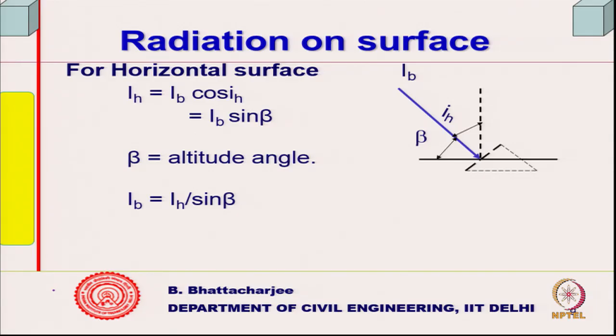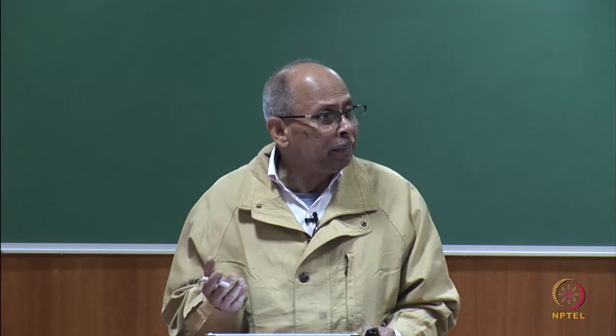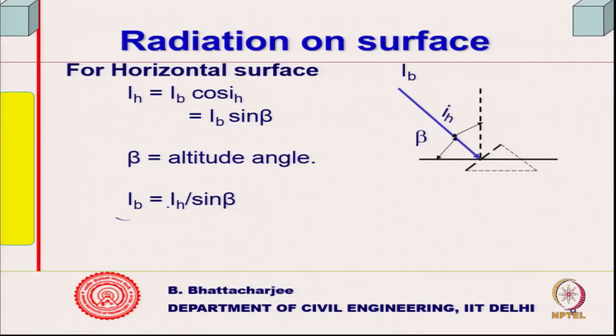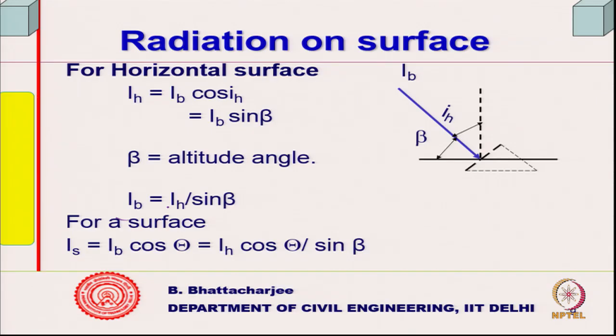So, measuring horizontal radiation on a horizontal surface is easy, and beam radiation can be calculated. For any surface, this is what it is: I_B cos theta on that surface, so I_H cos theta by sin beta, one can find out in this manner as well.